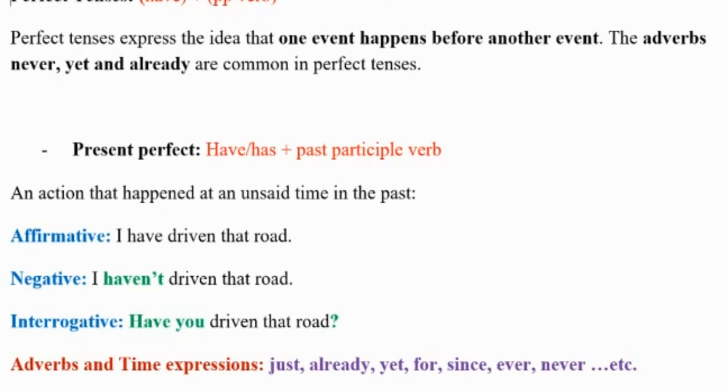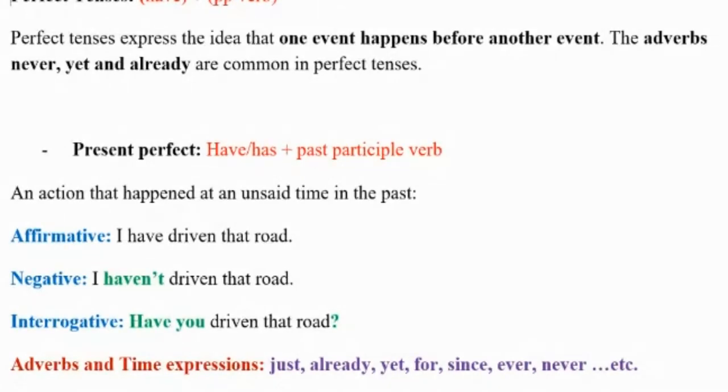Yeah, very good. Because it's a present perfect, we have to use either have or has, depending on the subject. If it's I, or they, or we, use have. If it's she, he, it, has. If we want to negate the sentence, we add not.